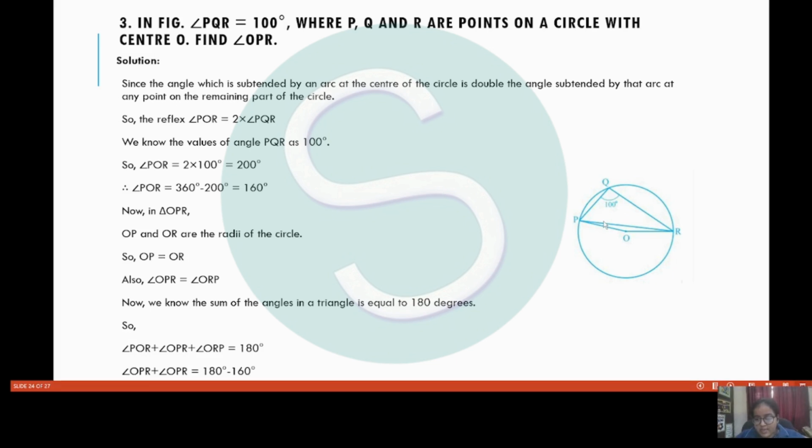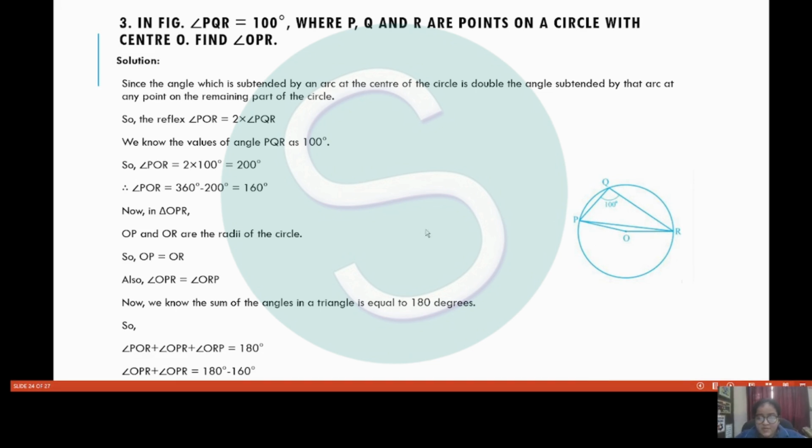So in this triangle we can see that OP is equal to OR because they are radii of the same circle, right? So if OP is equal to OR, then their corresponding angles, that is ORP and OPR, will also be equal.